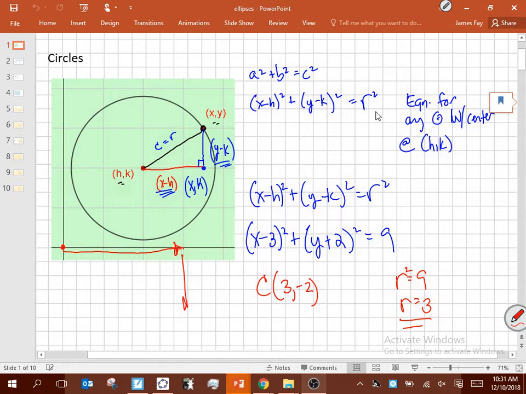The reason I want to talk about this is how that relates then eventually to ellipses. Okay, so we'll come back to this a little bit after we talk about ellipses.